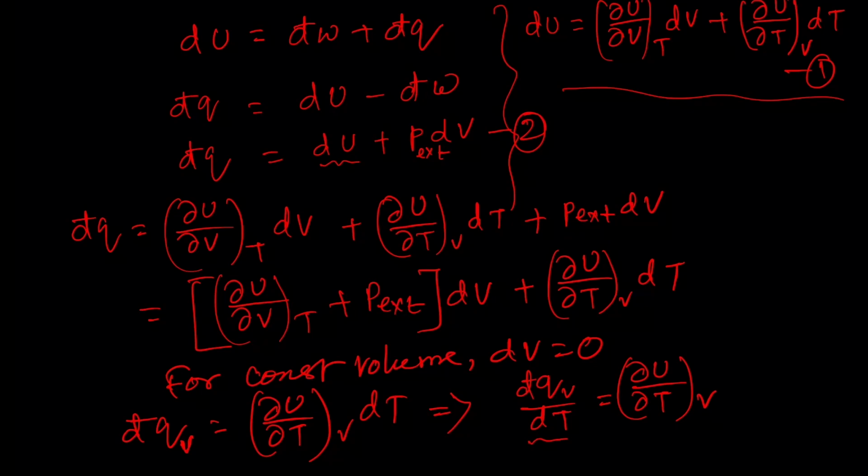It says that if I change the temperature, how much will be the change in the heat at a constant volume. You remember, heat is a function of three things: temperature, mass and specific heat. So if you divide heat by temperature, what are you going to get?